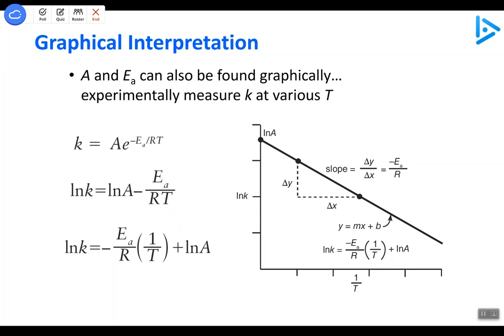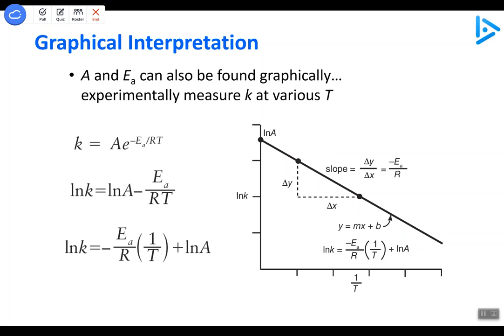I'm getting a little bit sick of it myself, but we can actually graphically interpret reaction rates. And we can get the equation of a straight line, where we can do 2 experiments and then extrapolate one direction or the other to be able to predict a new temperature, or to predict a rate at a specific temperature.